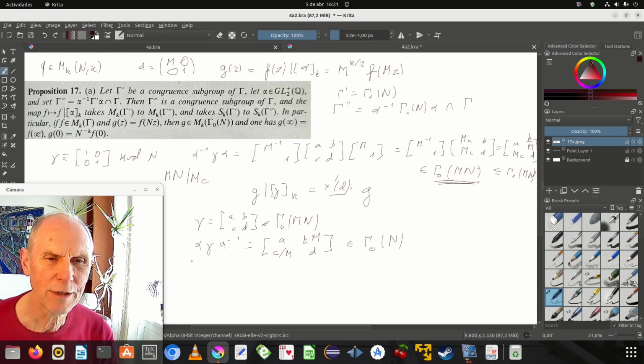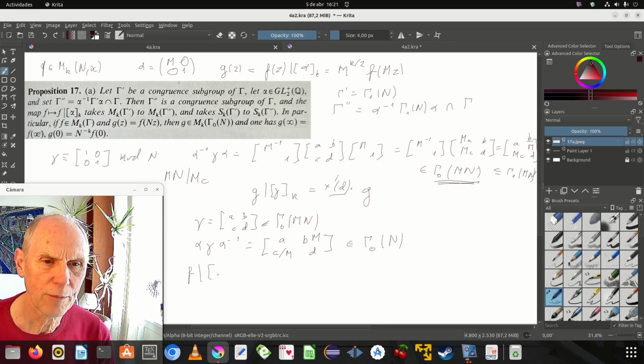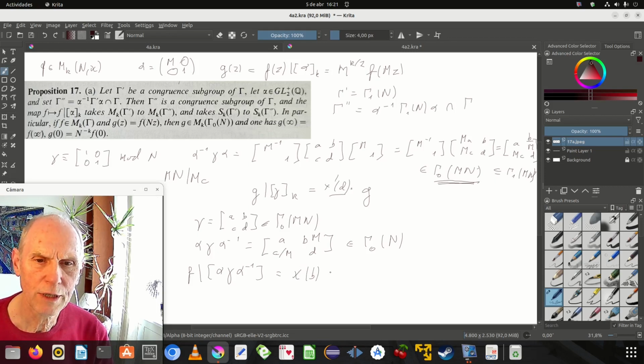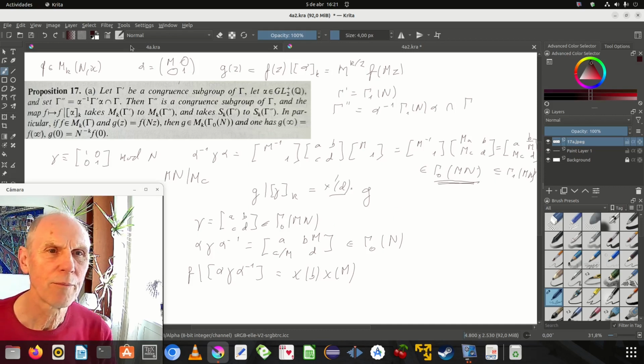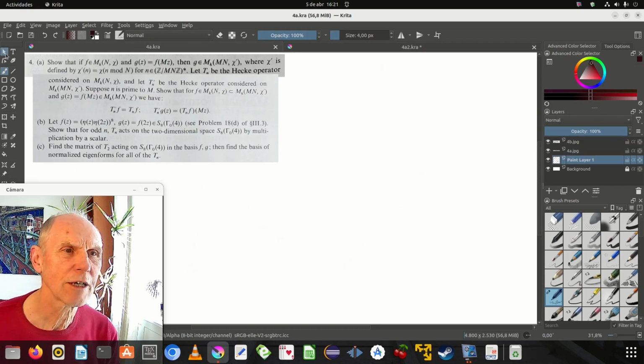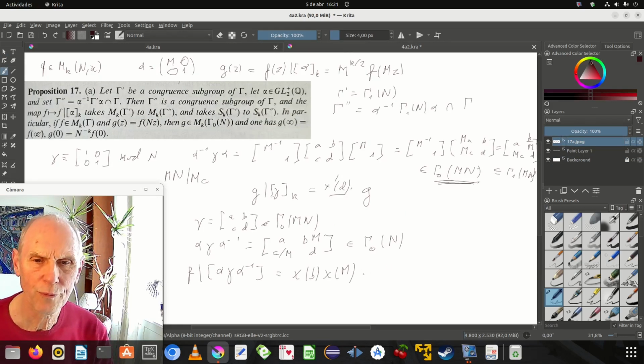And that means that f operated by alpha, gamma, alpha to the minus first equals chi of b, chi of m. This is, of course, provided f lies in this space, times f.